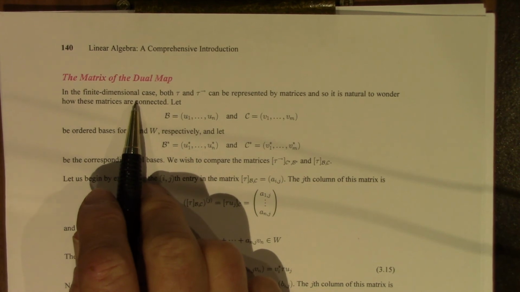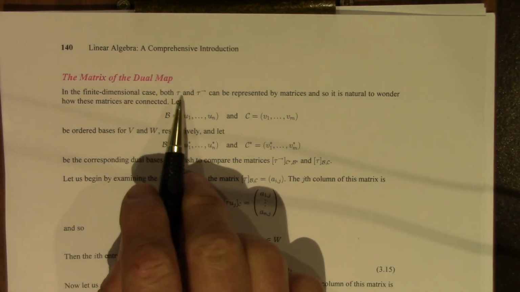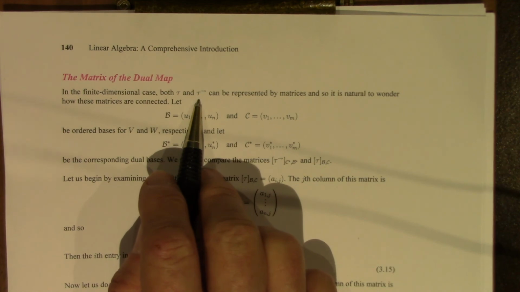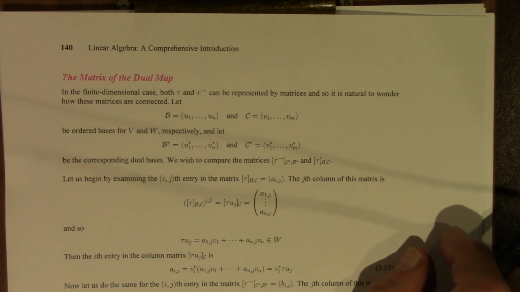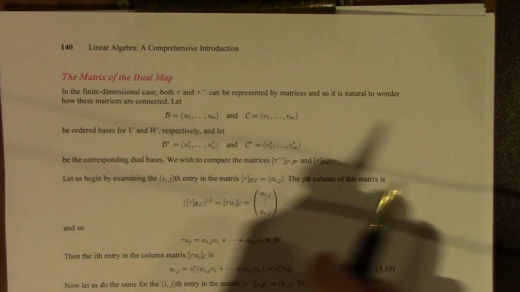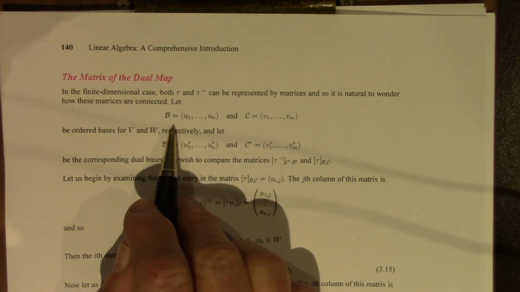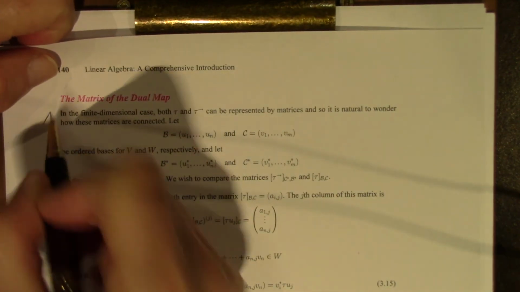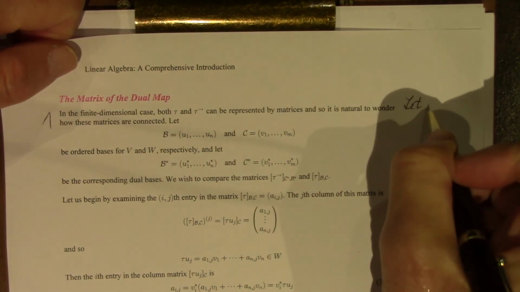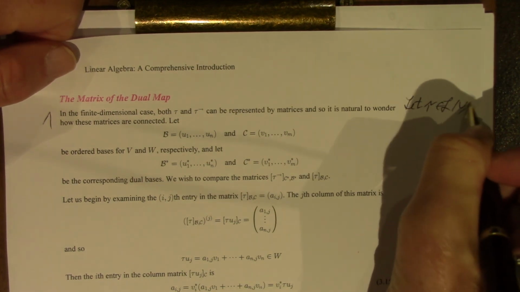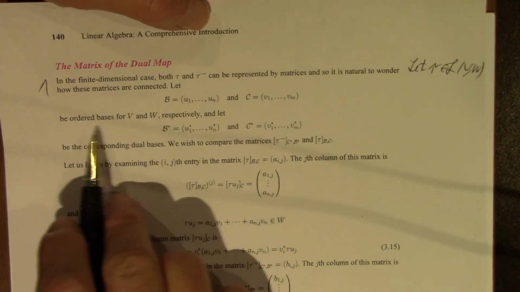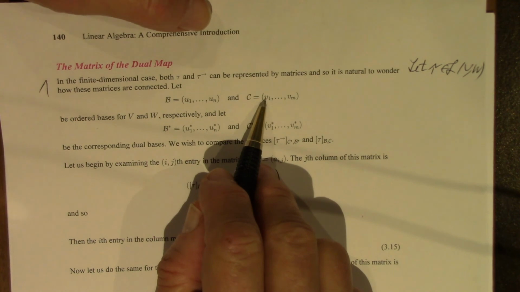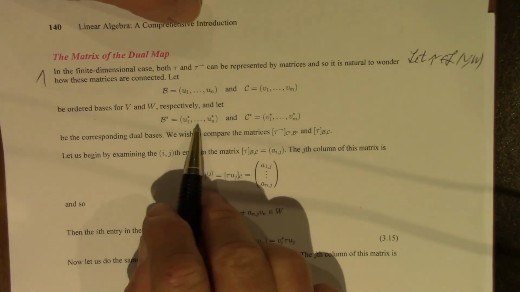In the finite dimensional case, both tau and its dual map can be represented by matrices. So it is natural to wonder how these matrices might be connected. I should also start this by saying let tau be in L(V, W). Let B be an ordered basis for V and C be an ordered basis for W, and take the dual bases.